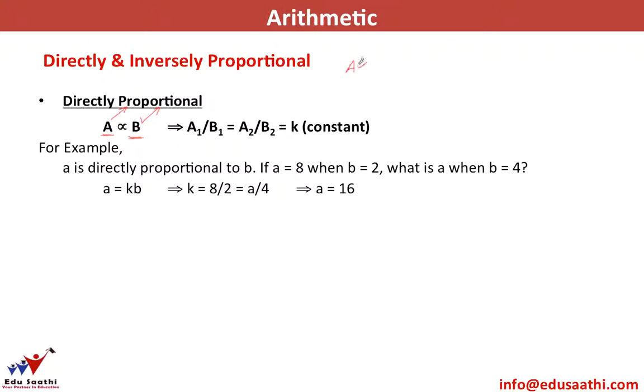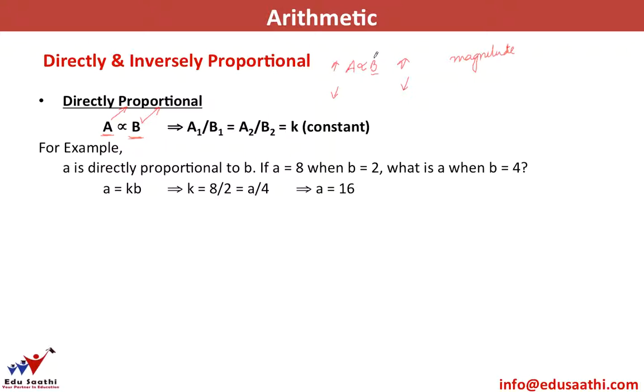So A is directly affected by B. And the magnitude change is also the same. So I mean to say, if B becomes double the original, A will also become double the original. If B becomes 10 times the original, A will also become 10 times its original value.